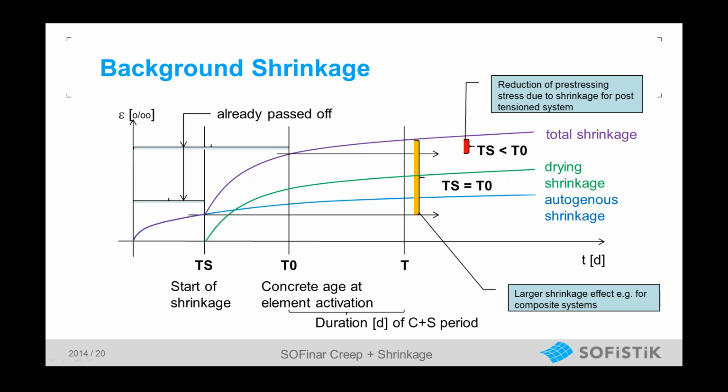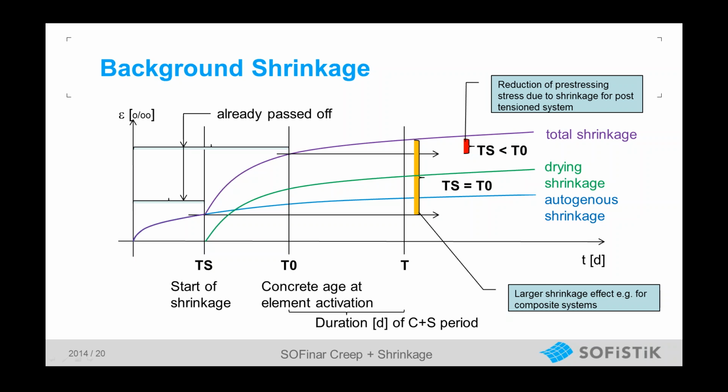Now, in terms of composite sections, for example, or if you're interested in the deformations during all these construction stages, you have to deal with that in a little more detail. Then you have to use an input where TS equals T0. That means you say T0 equals TS equals 3 days, whatever.